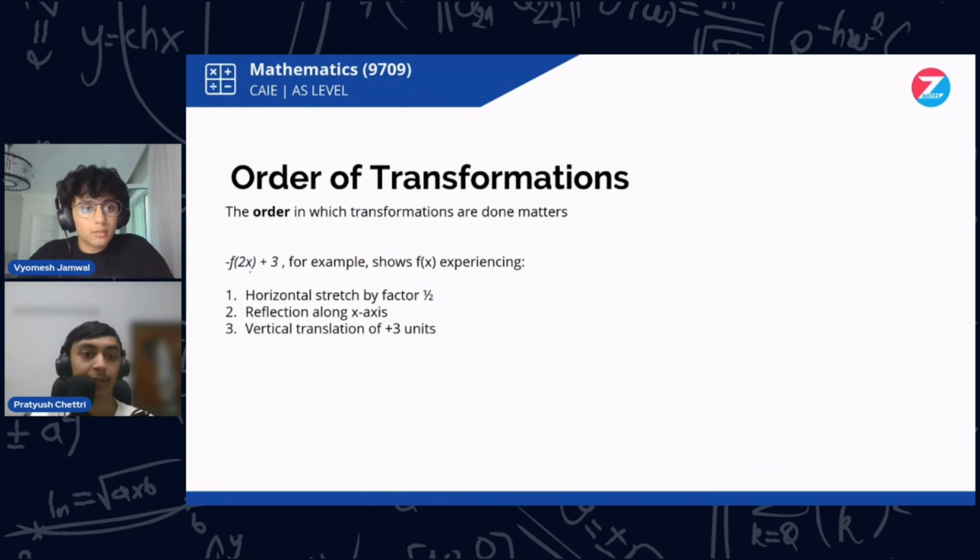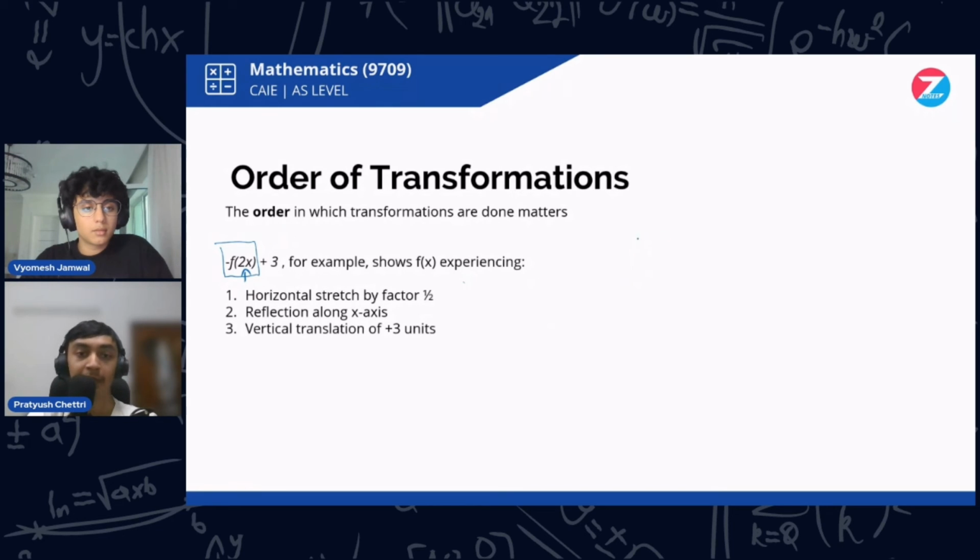First, we do a horizontal stretch by a factor of a half, remember? Because inside the brackets, things go sort of backwards. It's multiplying, so it's scaling, and it's 1 over 2, so it's a half. Then a reflection along the x-axis, because that's outside the brackets, you see? Outside, it's affecting f(x), not x.